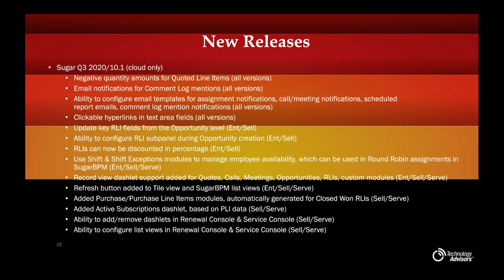Some changes for quoting and sales around how the revenue line items are managed, specifically the ability to mass update revenue line items from the opportunity level, which is super helpful. More configurability for the revenue line item subpanel that shows up when you're creating opportunities, some new options for discounting and quantities. And this was when the shift and shift exceptions modules that Justin had mentioned for managing employee availability were added.